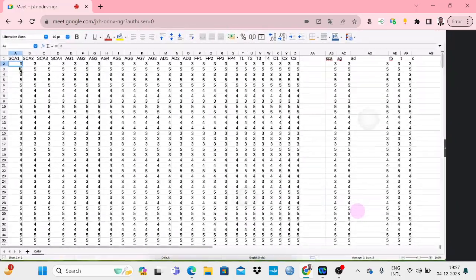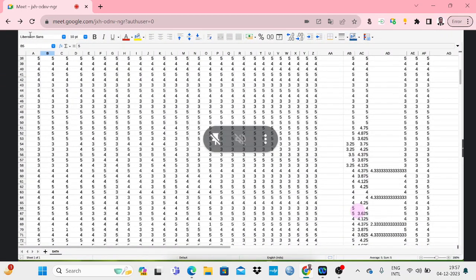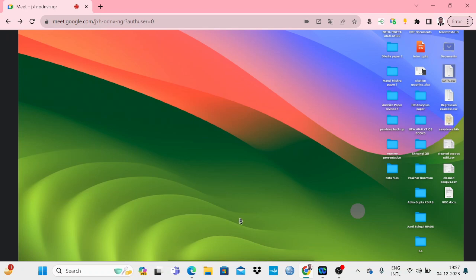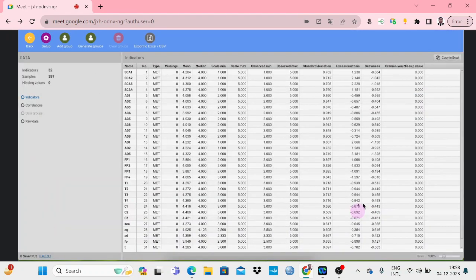Every item is anchored on a 5-point Likert scale. This is how they submitted their responses, and after that we brought that file into Smart PLS, which gives the mean, median, minimum, maximum, kurtosis and skewness of these values.